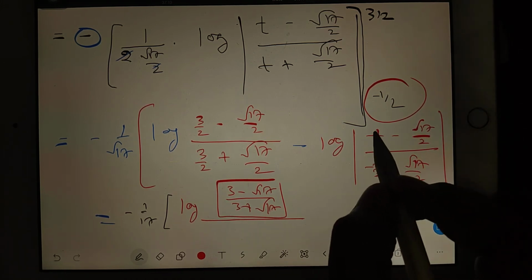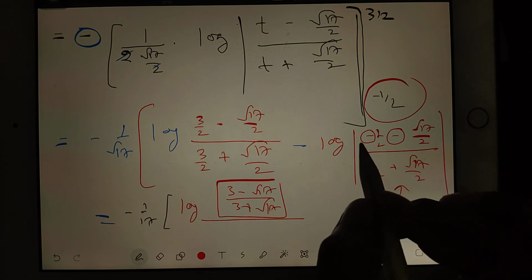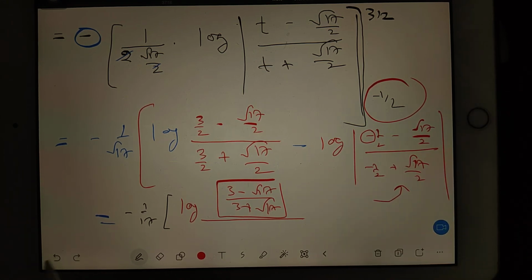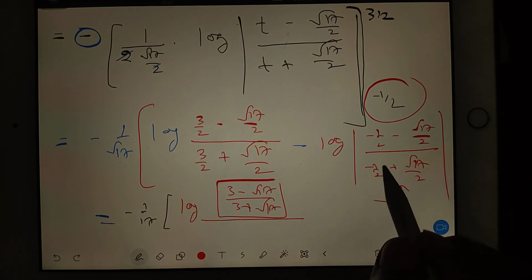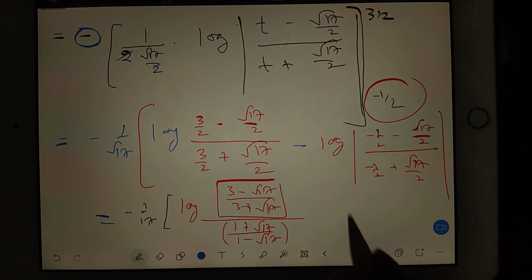Now see, this minus and this minus I will take common. If I take that minus common, then it will also become positive, so both minus I can cancel. Then your term will look like 1 plus root 17 divided by 1 minus root 17. So this became your next bracket.